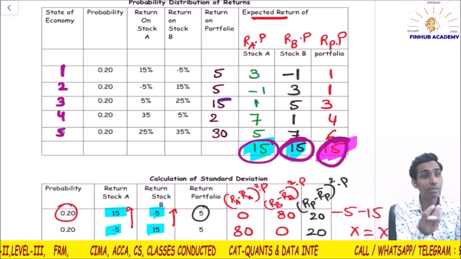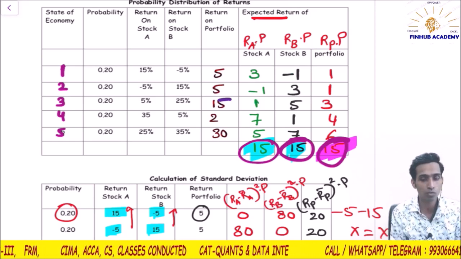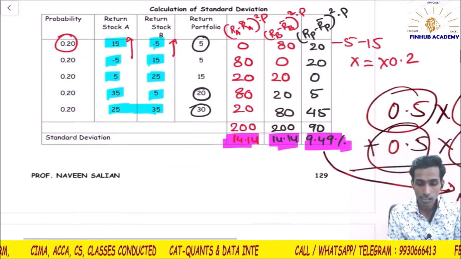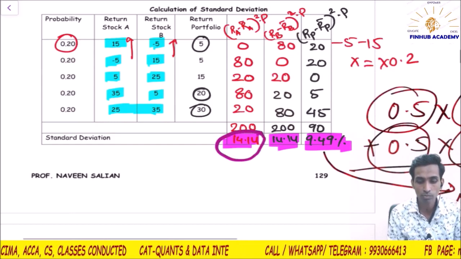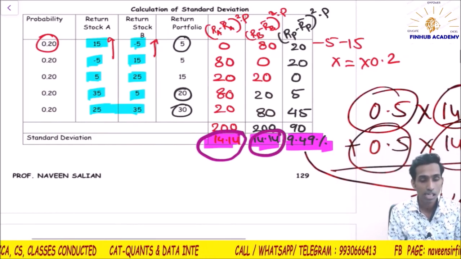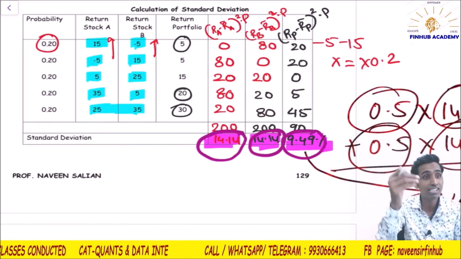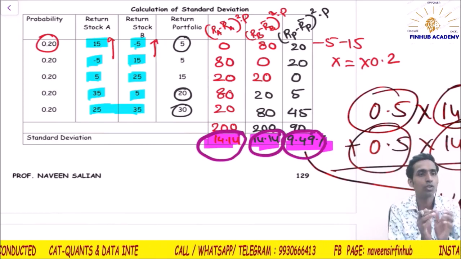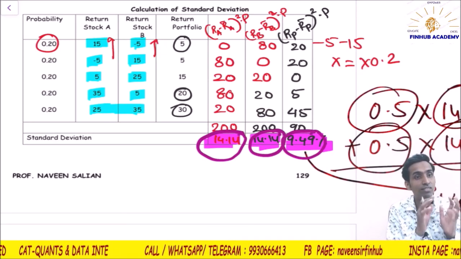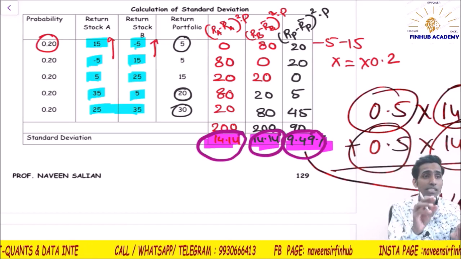You remember 50% in each, and we created a portfolio. But when you calculated the individual standard deviation, it was 14.14, and here it was 9.49. Means risk reduced when you made a portfolio, 50% in A and 50% in B.